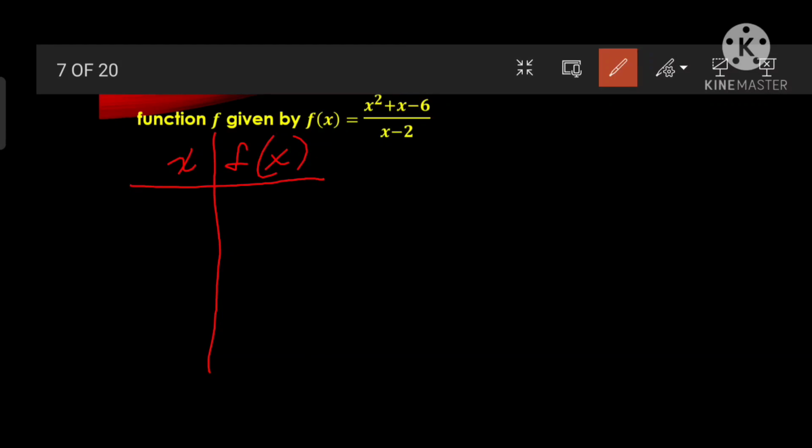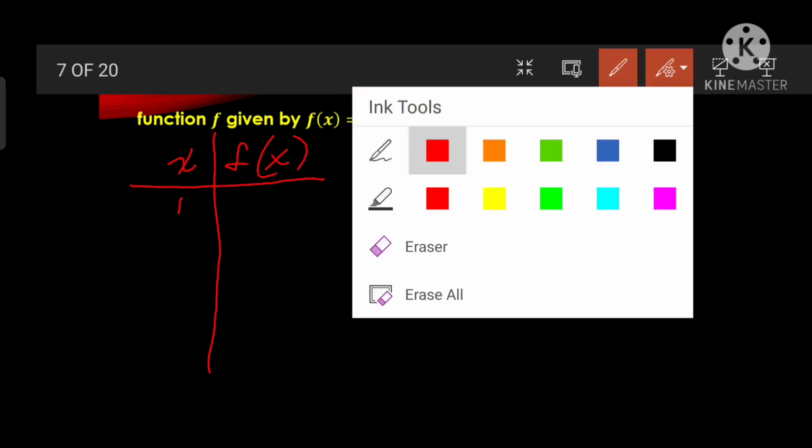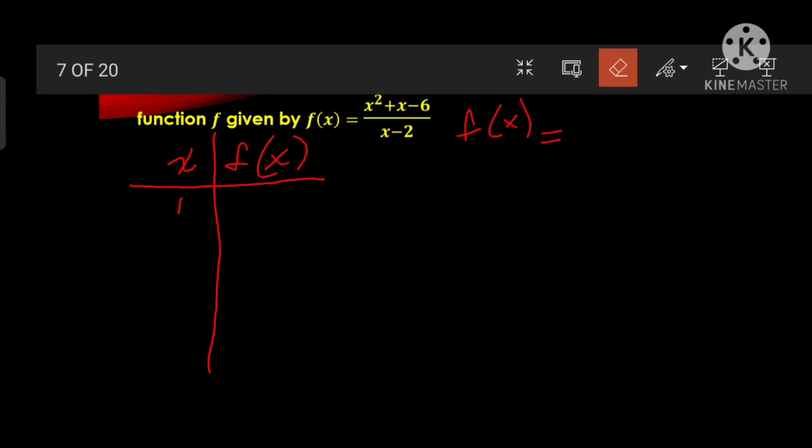So when x is equal to 1, we will find f of x. Let's substitute directly since we only have limited space.